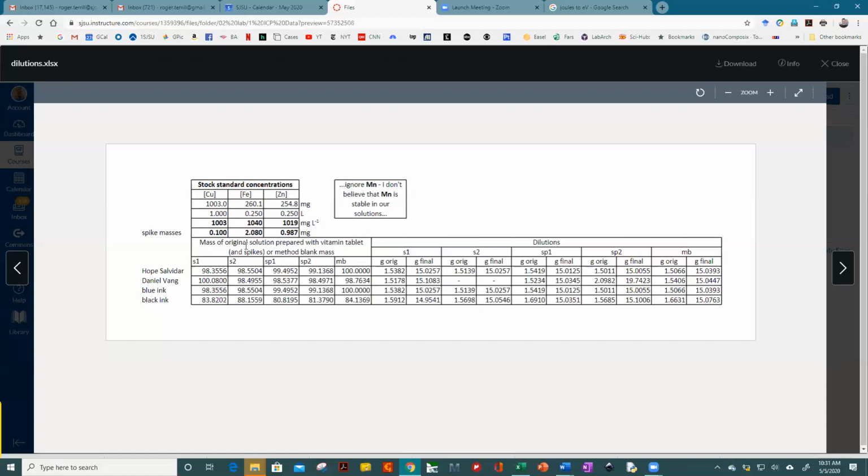Then you just have to make sure that if you're changing element, there's a new spike mass and a new expected value. And then there's obviously new calibration data, but there's not that much you need to change. If you keep it organized, you can just copy and paste stuff over. Oh yeah, I got different tabs. Good. Excellent.